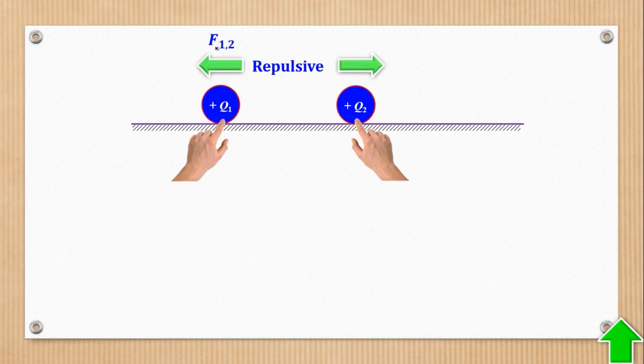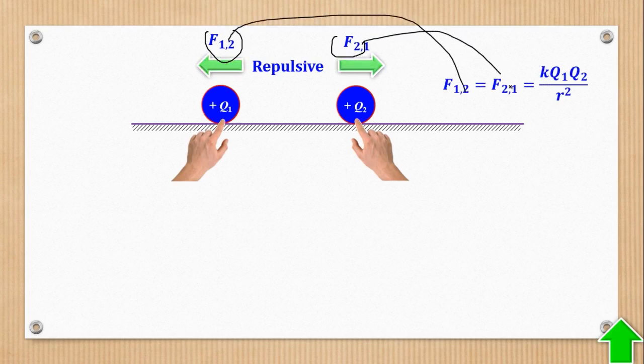So this will be the force on Q1 due to charge Q2, and also Q1 applies a force on Q2, which is the force on Q2 due to charge Q1. These forces are in opposite directions, but they have the same magnitude. So we shall say that F12 is equal to F21 and is given by the formula k Q1 Q2 over r squared, which we have already seen.